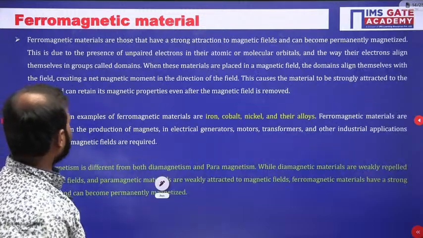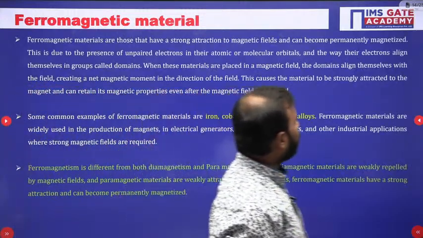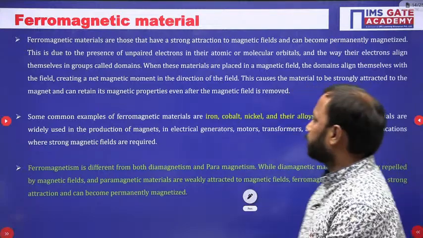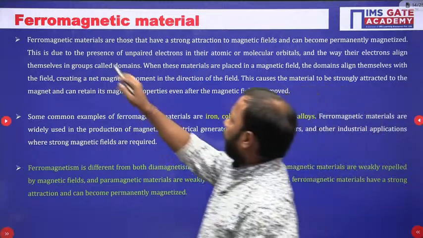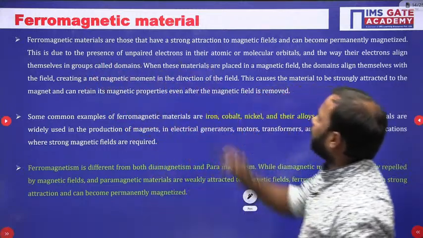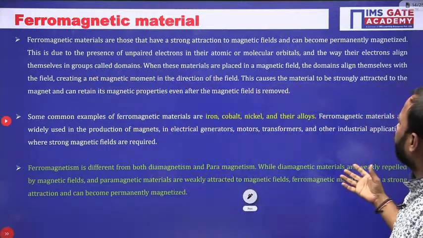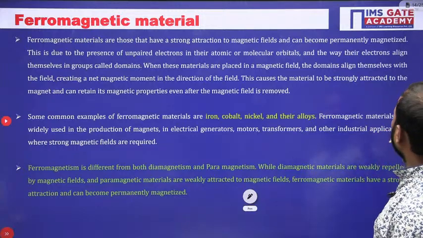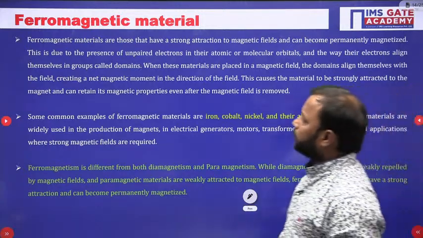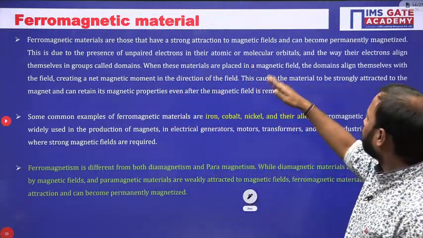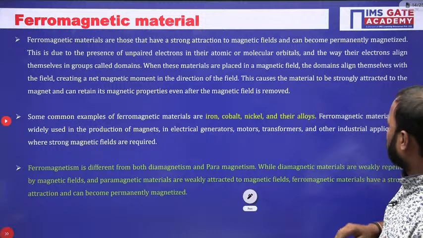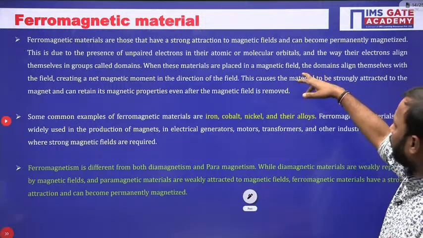Now let us discuss the ferromagnetic material. Ferromagnetic materials are those that have a strong attraction to the magnetic field and can become permanently magnetized. This is due to the presence of unpaired electrons in their atomic or molecular orbitals, which is what we discussed in the paramagnetic as well.